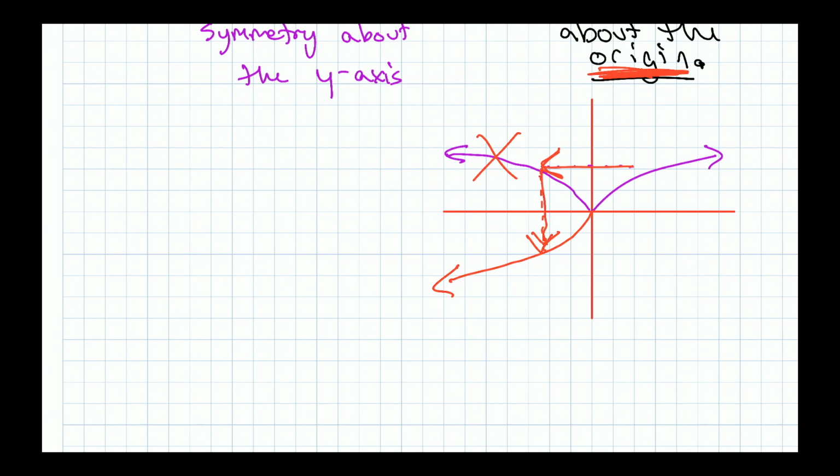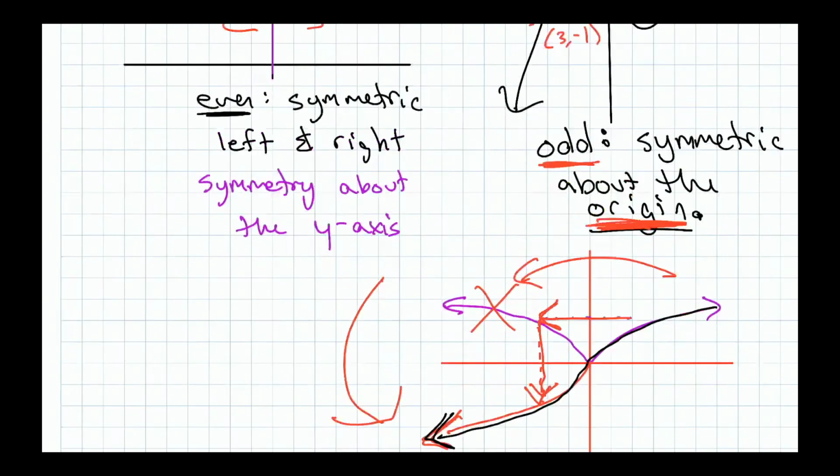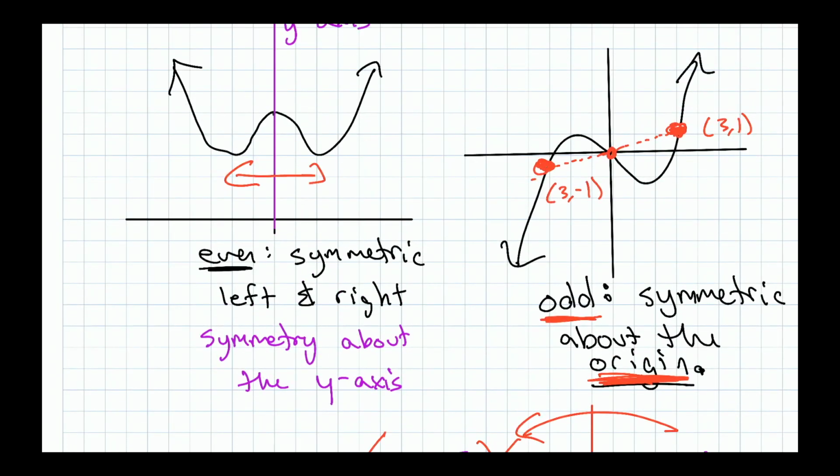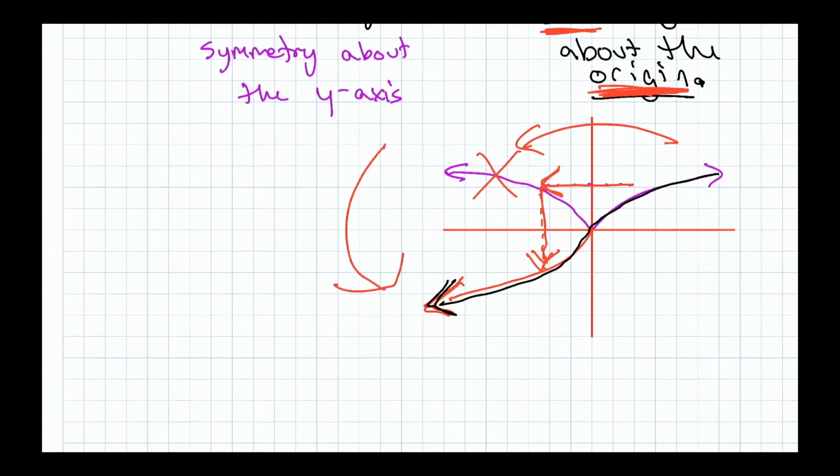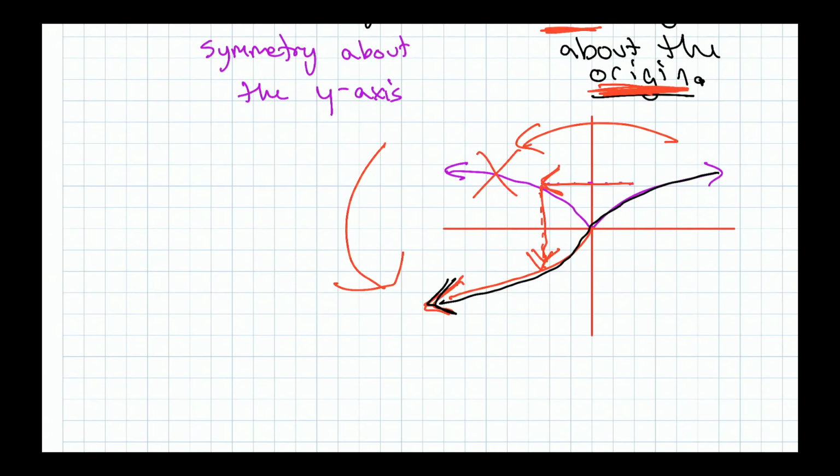And so if you take a graph like this purple graph and you reflect it this way and then this way, and you get something like this, then this graph right here is an odd graph. Okay? And that's another way to think about an odd graph when you're looking at it.